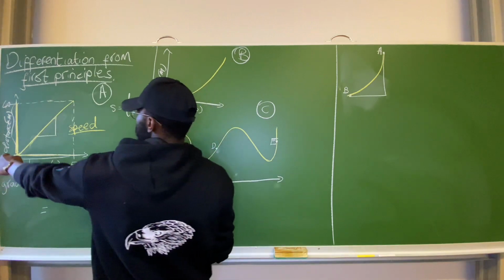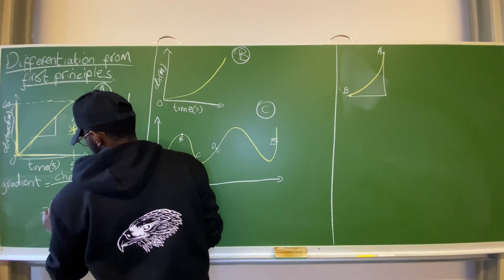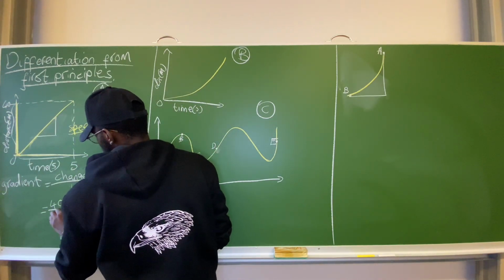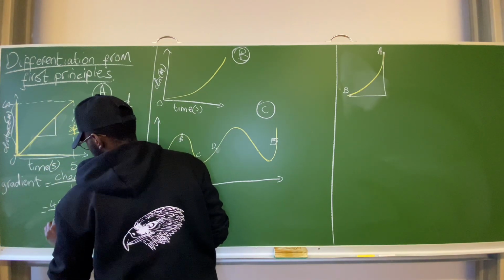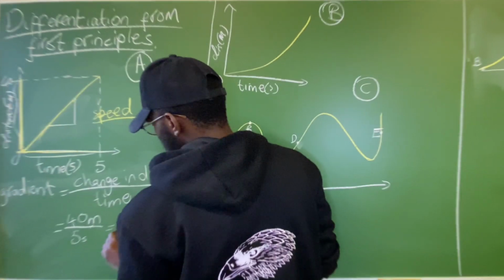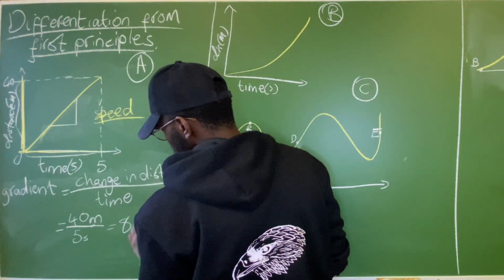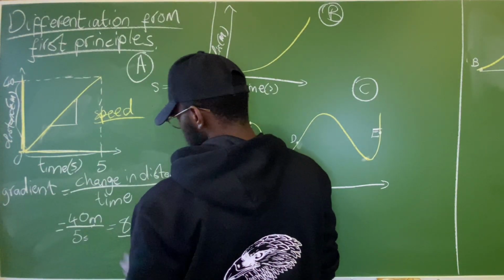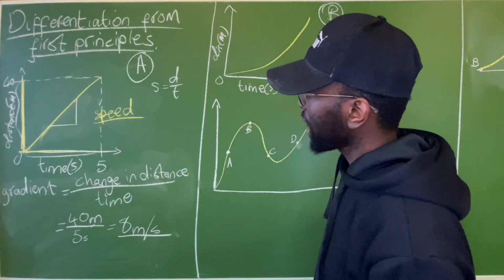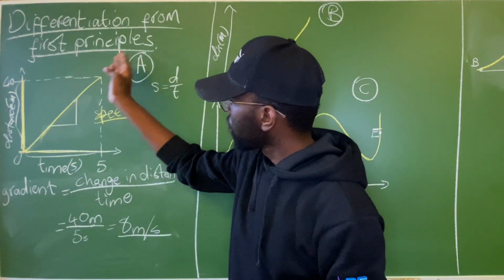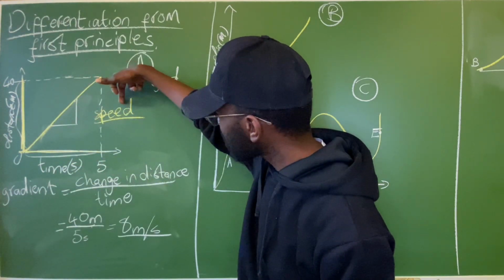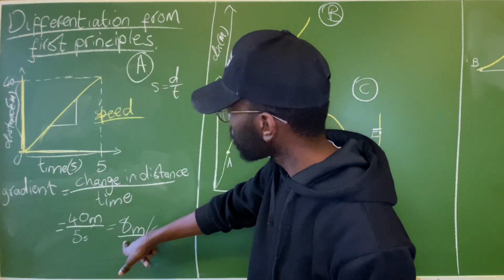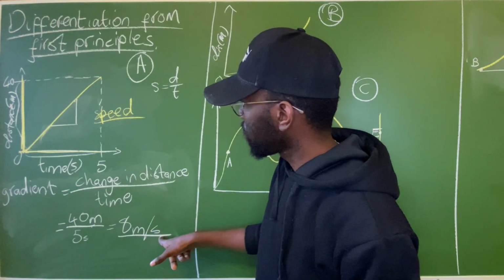Now, the car moves for 40 meters, and it moves for 5 seconds. 40 over 5, that's 8 meters per second. So the gradient of the graph is 8. Since we are looking at the change of distance over time, the gradient represents the speed, which will be 8 meters per second.